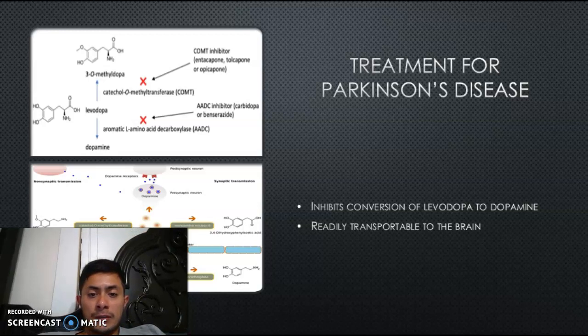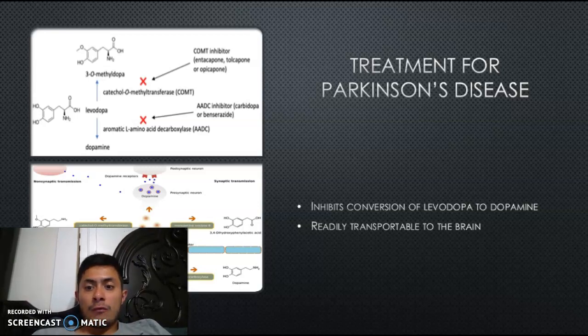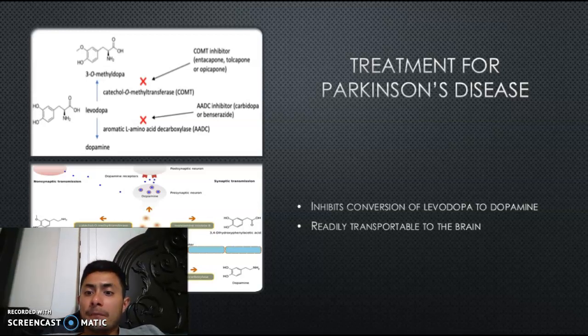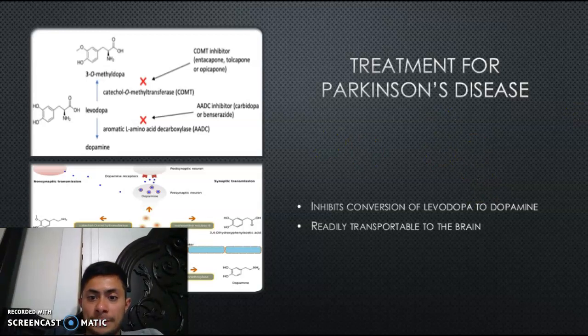They're made via the decarboxylation of L-3,4-dihydroxyphenylalanine, which is also known as L-dopa, and L-5-hydroxytryptophan. Here on the PowerPoint we can see the process of it.